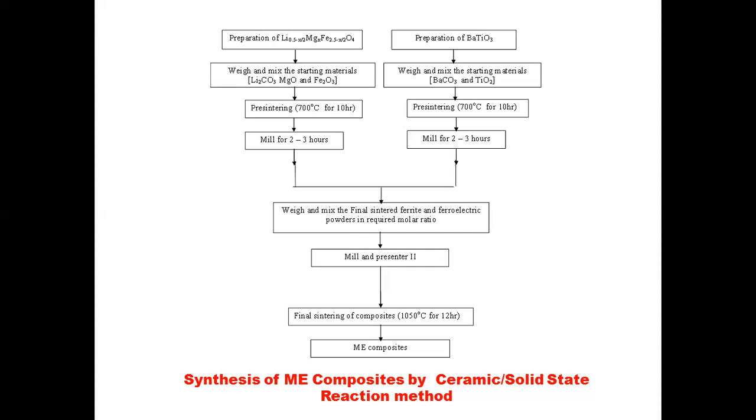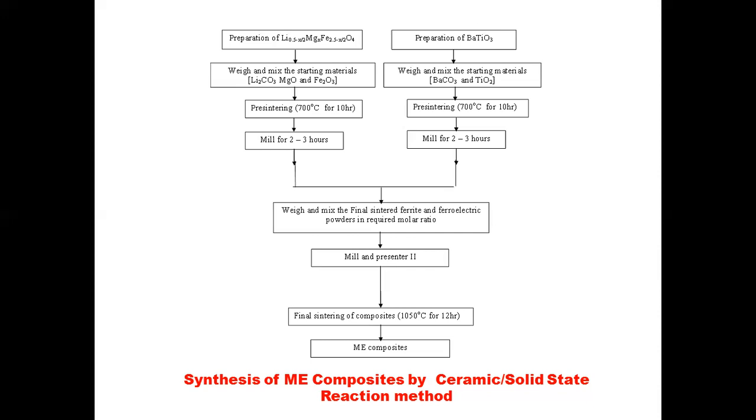To prepare the ferrite material, lithium magnesium ferrite, you have to take the respective oxides or carbonates of the metal ions present in the ferrite material. For lithium, you take lithium carbonate; for magnesium, you take magnesium oxide; and for iron, you take ferric oxide.